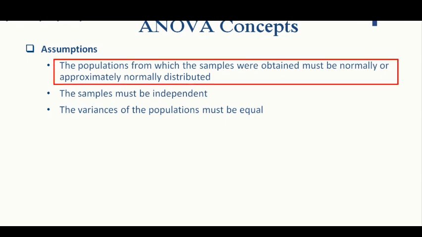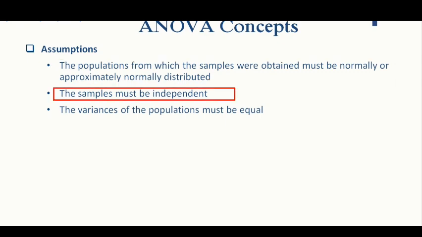Now, the first assumption of normality is generally satisfied if you have large samples due to the central limit theorem. The second assumption is satisfied if these are different treatments given to different people. So, different drugs given to different groups, then there isn't any question of dependence between the outcomes.